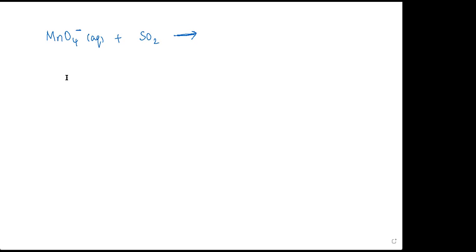Acidic medium to produce Mn2 plus and hydrogen sulfate ion. That's pretty straightforward: Mn2 plus and hydrogen sulfate ion. So what is hydrogen sulfate?